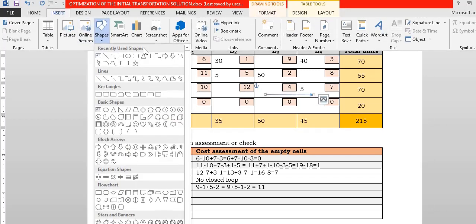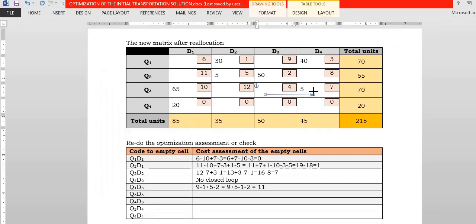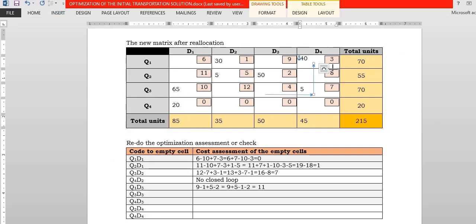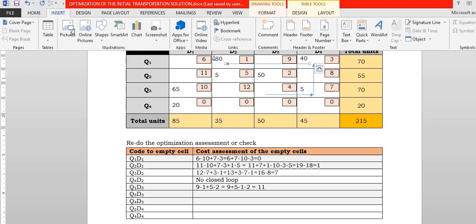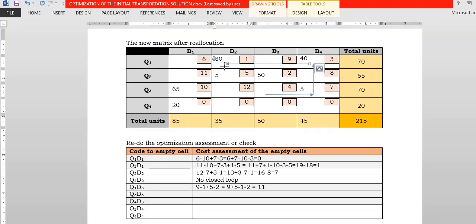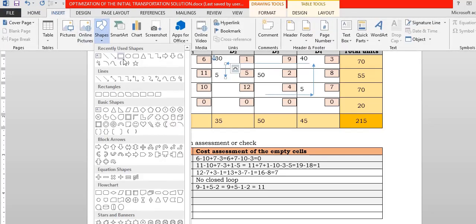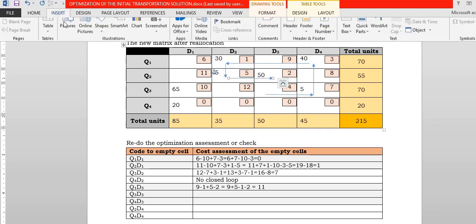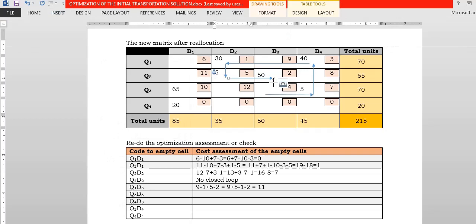Then we move upwards, up to here, then we move to the left, up to here, then we move downwards, up to here, then we move to the right, up to there, then you go back to our original position, downwards, up to here. Okay.